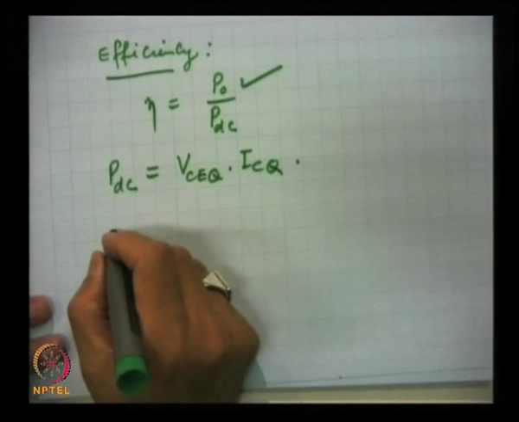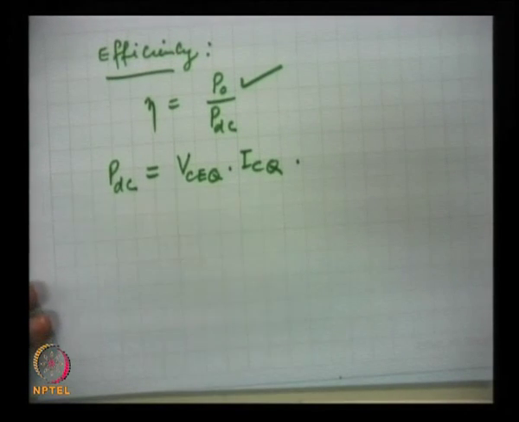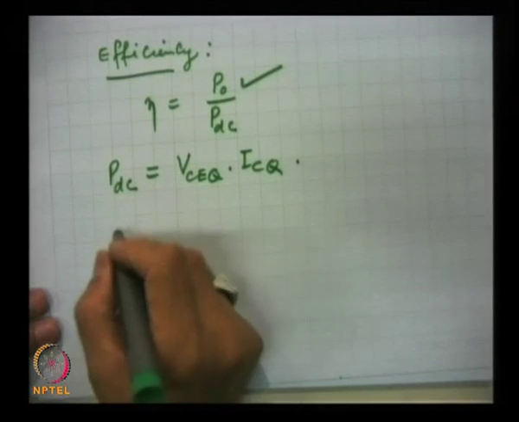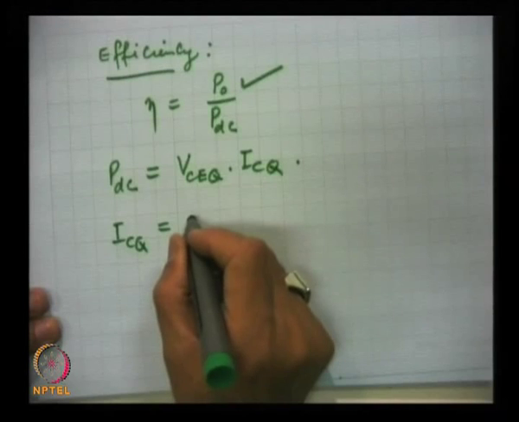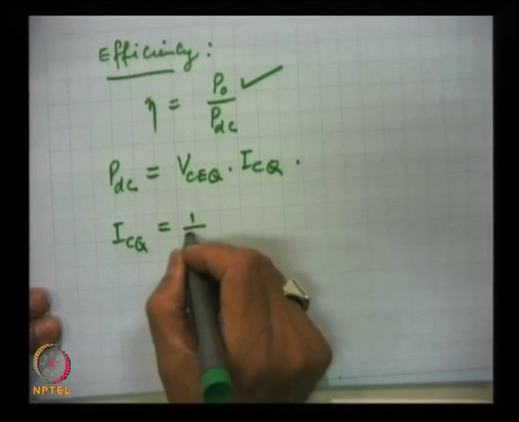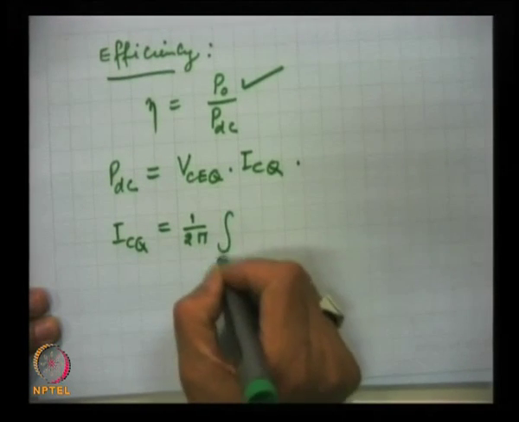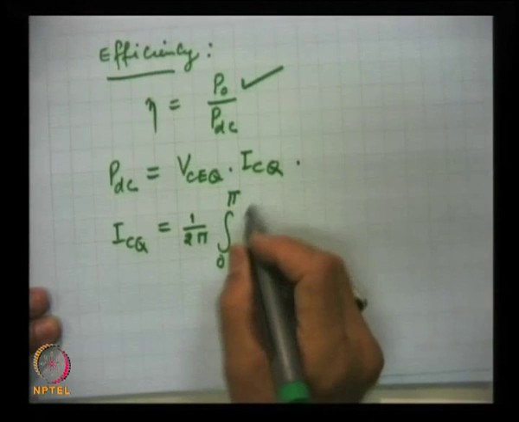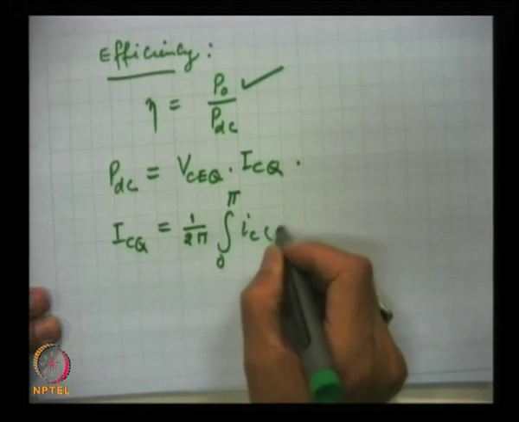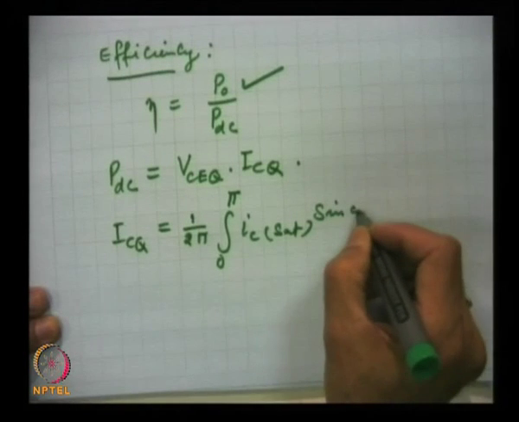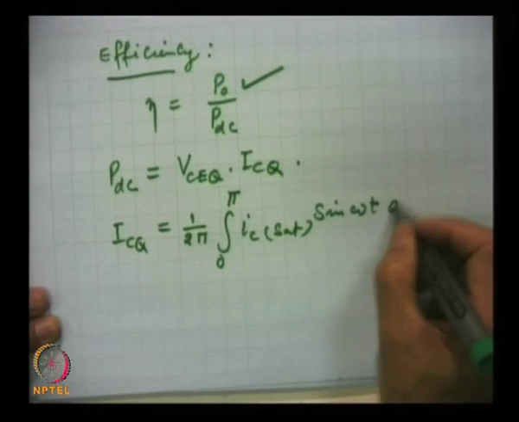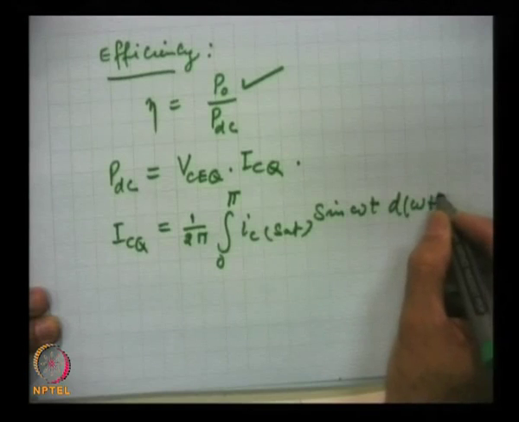So, ICQ in half wave rectifiers, this analysis has been done, but I just do it here. ICQ is 1 by 2 pi, integral 0 to pi, IC set sin omega t d omega t.